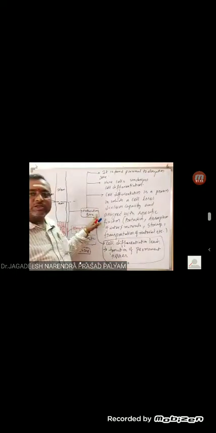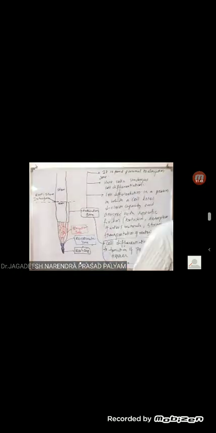So permanent tissues are present in the maturation zone. Root secretions are done in the maturation zone only.